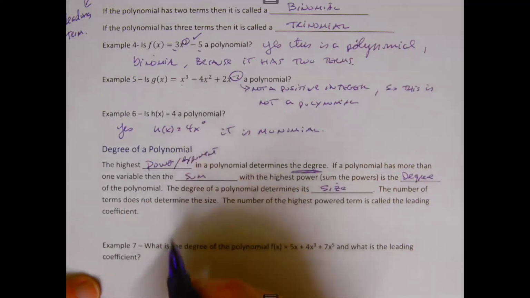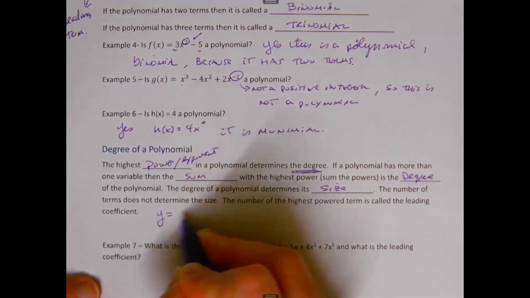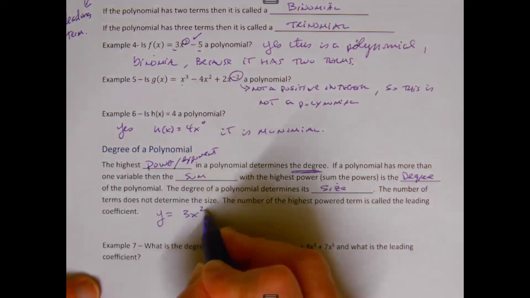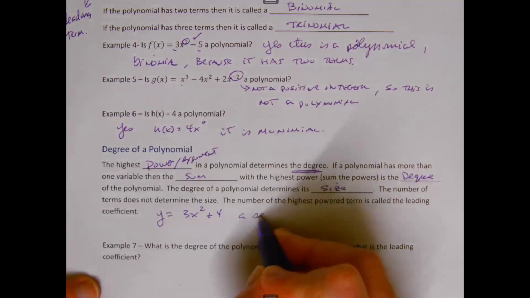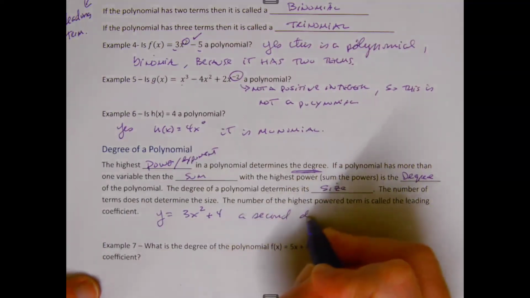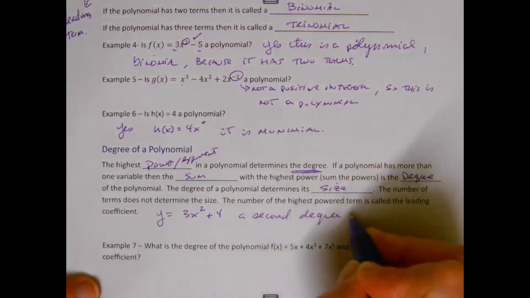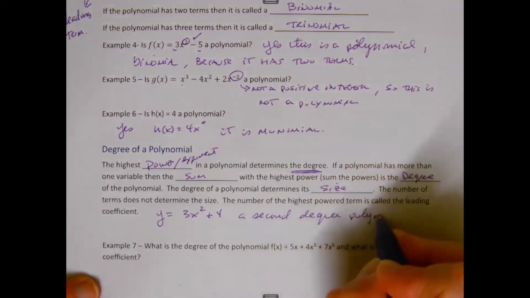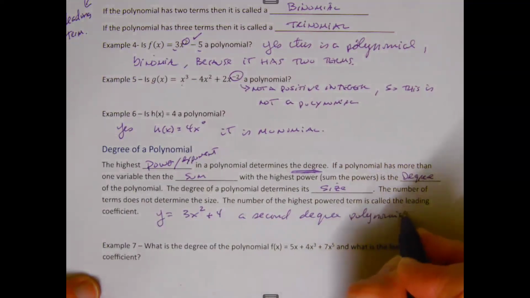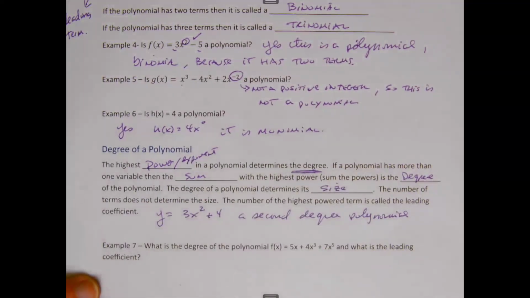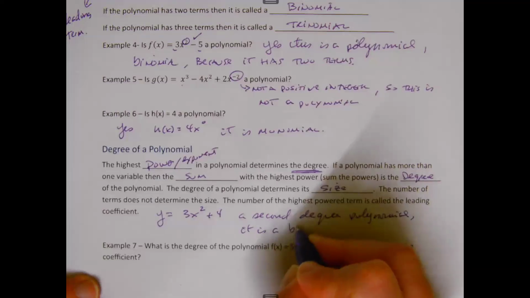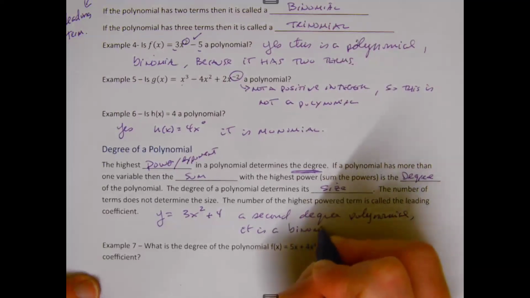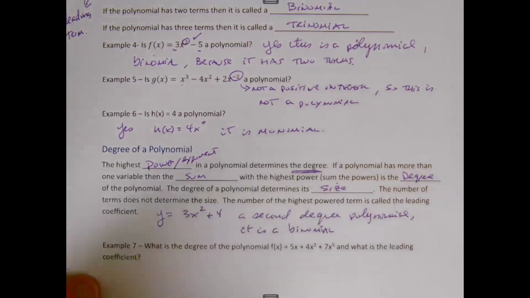So again, when we look at something like this, this is going to be a second degree polynomial, because the power here is a 2, and it is a binomial because it has 2 terms.